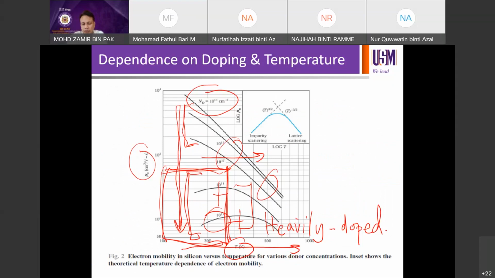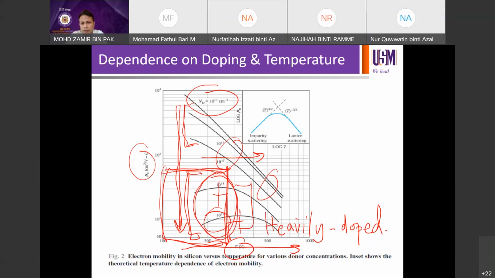Right? It's not talking about left or right yet, because it's not dependent on the temperature yet. So what I'm going to say is, if you're operating your semiconductor on your left at low temperatures, the mobility will be limited by, or dependent on, impurity scattering of the heavily doped semiconductor.